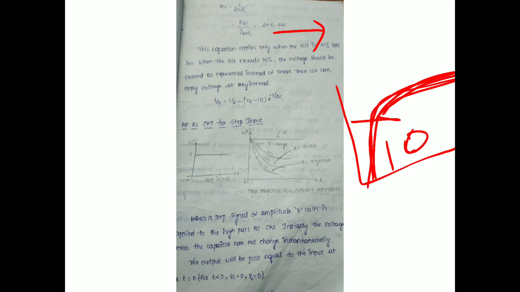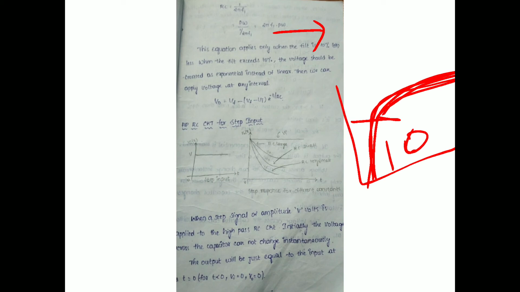The final value V out is equal to Vf minus (Vf minus Vi) e power minus t by RC. The signal varies exponentially with the time constant from 90%. That is the relation between F1 and tilt.